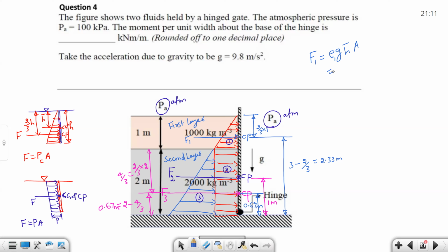So rho 1 is 1000, g is 9.8, h bar for the first layer, which will be the center of gravity, is 0.5 meter, into area. Area will be 1 meter depth into width of 1 meter. So this much Newton.